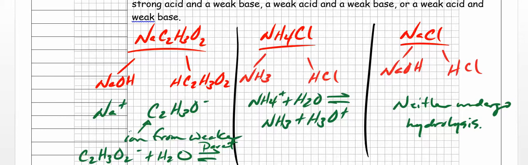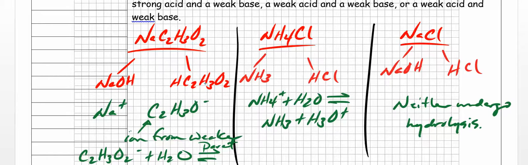So let's take a look at the sodium acetate first, right? If I put sodium acetate into water, I want to think about, first of all, what the parents were that the sodium acetate came from. What did it come from? Well, the sodium came from sodium hydroxide, right? That's the base. And the acetate ion came from acetic acid, right?